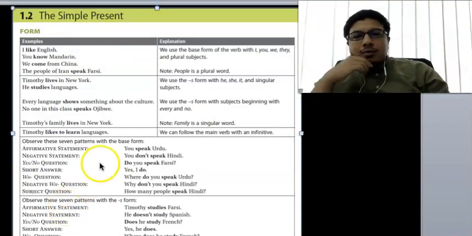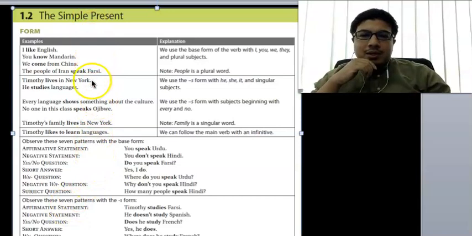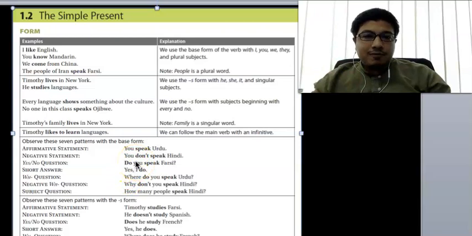So when we are talking about simple present tense and we put it in a question, if you speak Farsi, we say do you speak Farsi, or do you speak English? He is handsome.